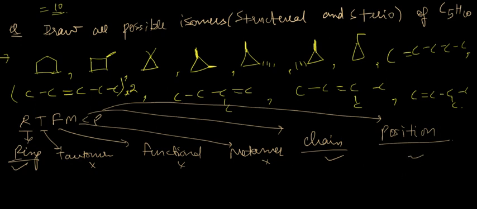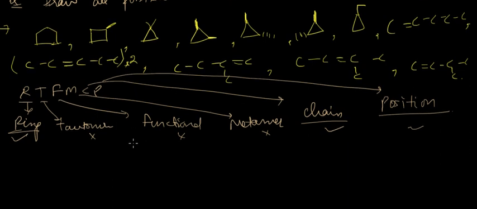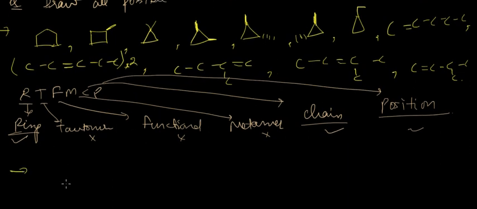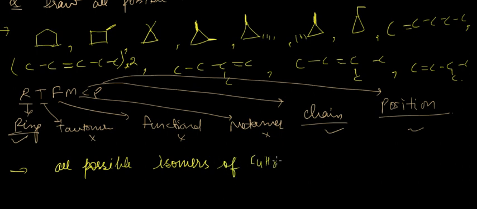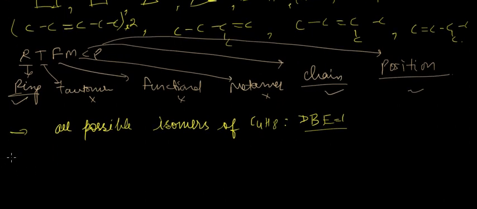Okay, so let us draw all the possible structural isomers of C4H8. If you calculate the DBE value, it would be 1. Okay, so first would be this, then we would have this.